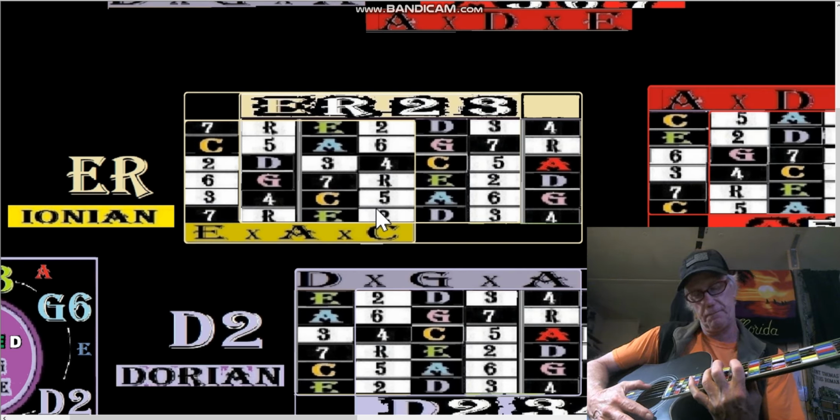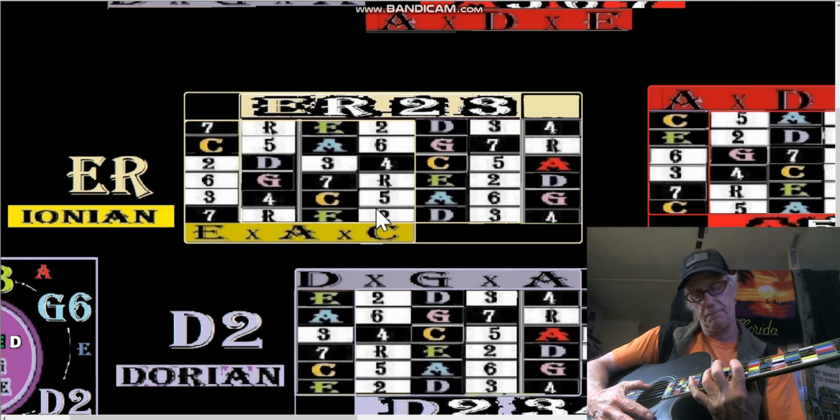So if we want to do a pentatonic in that E box, and these are all white notes now, it's root 2 3 5 6 root 2 3. This is our well-known E-shaped pentatonic, which some call a position. Sorry, bad note there. So where is that blues note?